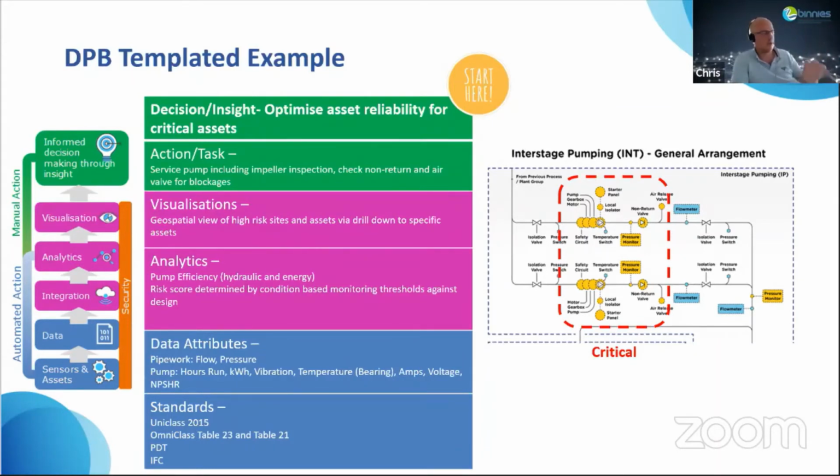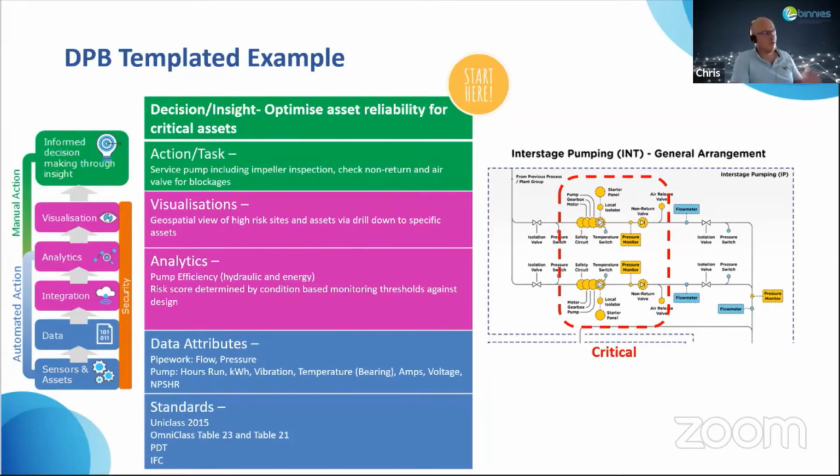Now, I know it's a little bit confused, but jump straight to the bottom. What standards can you use that help inform the data attributes by component type that's in that digital process block, so a pump and so on and so forth? What are those static and dynamic attributes we referenced that you need to be able to make that decision and insight? And then working our way through what's the analytics and what's the visualizations.